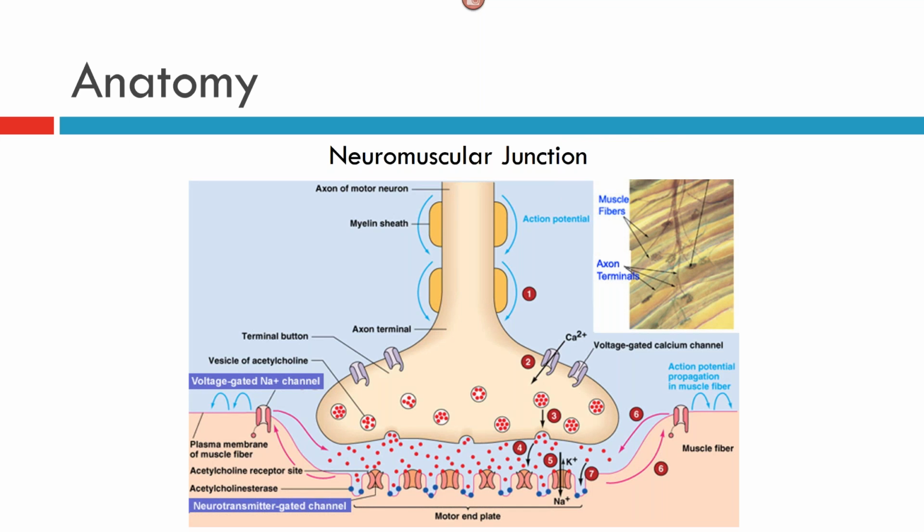Then you have a cleft, which is the gap between the nerve ending and the muscle fiber. And then we have receptors at the motor end plate. The motor end plate is the area where the nerve fiber makes a synapse, and the neurotransmitters are released by the nerve terminal and taken up by the receptors.